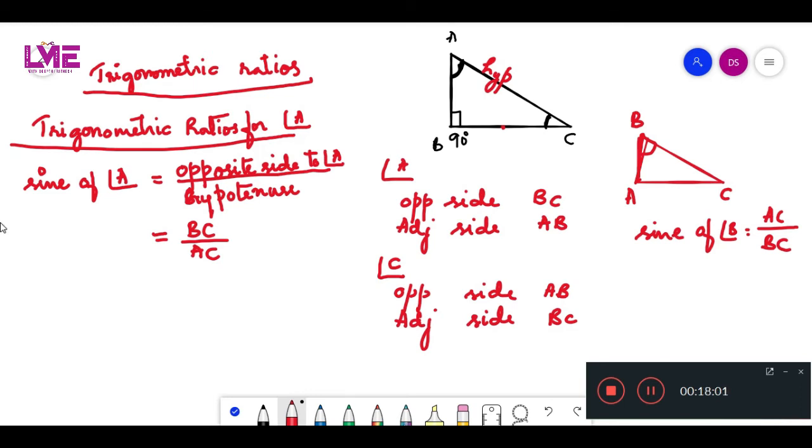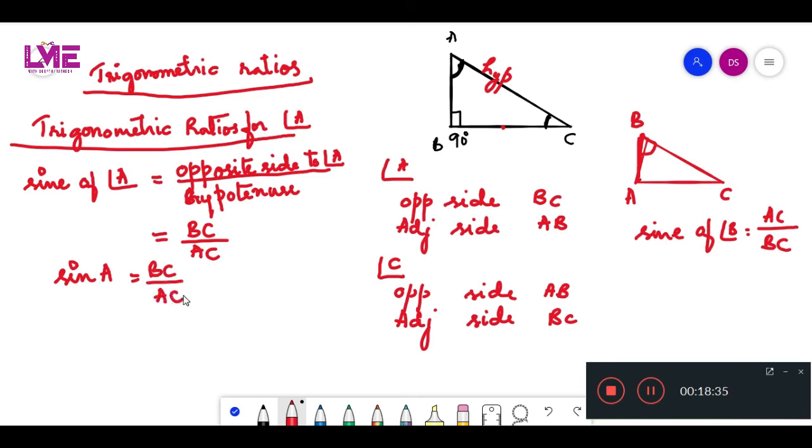So we have defined sine of angle A. Now this is one trigonometric ratio. The abbreviation which is used for sine of angle A is SIN A, which is nothing but BC by AC.